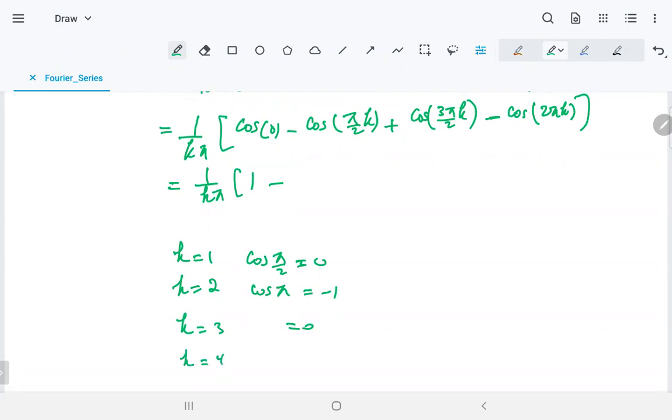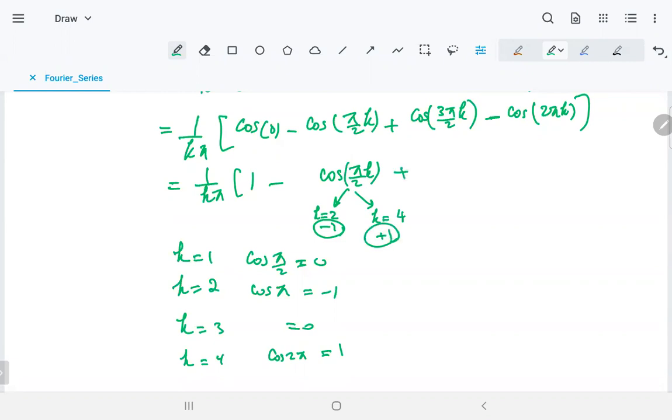When you put k equal 4, 4 over 2 is 2, so cosine 2 pi, which equals 1. So this term, cosine pi k over 2, is nonzero only for even k. When k equals 2, the value is negative 1. When k equals 4, it's positive 1.